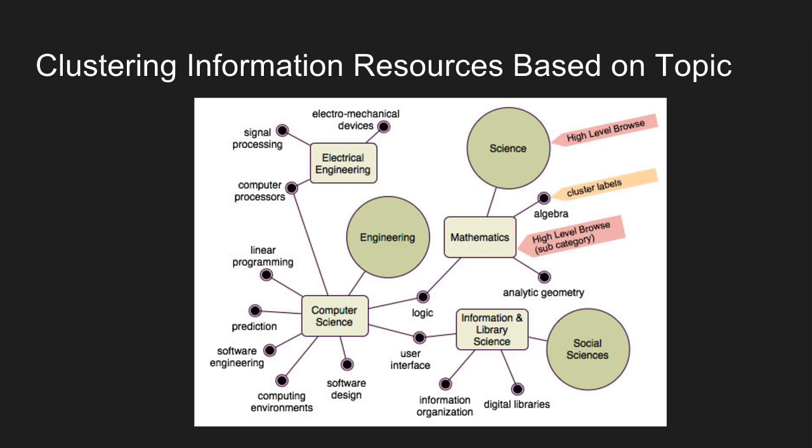And I can go deeper and say that within engineering, there's a computer science cluster. There's a mathematics cluster, which is also related to science. In social sciences, there's an information and library sciences cluster. And then I can go further and further into more detail. That's just a pictorial example of clustering and how we might use it.